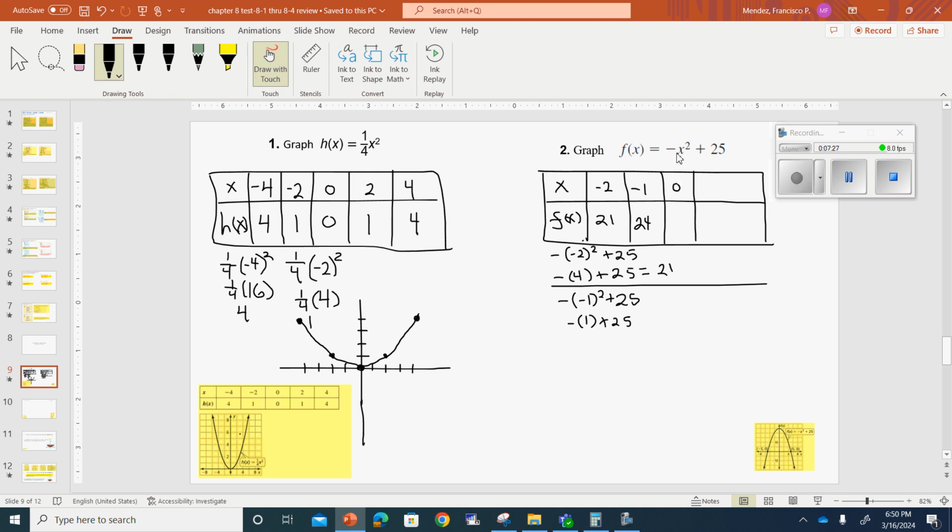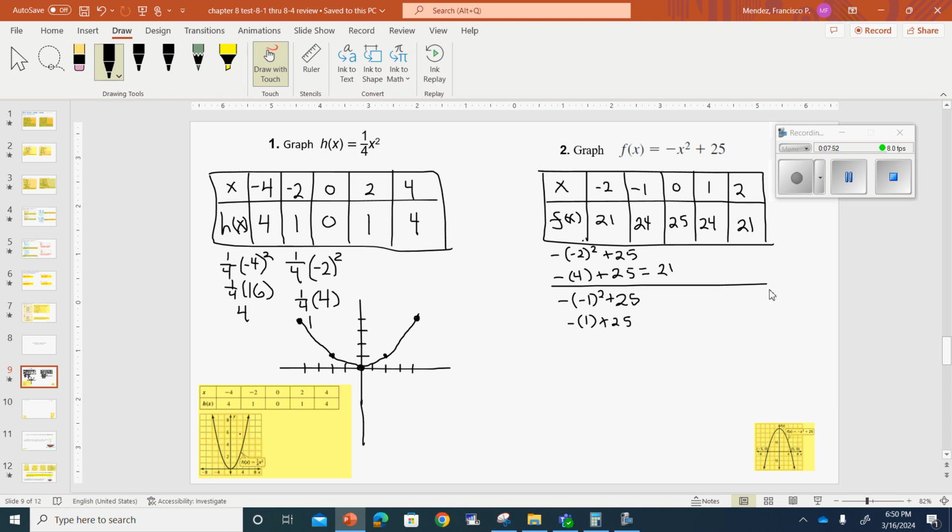And if this is 0, this would be 0, and that's going to leave 25. Now let's try 1. Well, if x is 1, I'm still going to have a -1 over here, and it's still going to be 24. And that means the 2 is also going to be a 21.